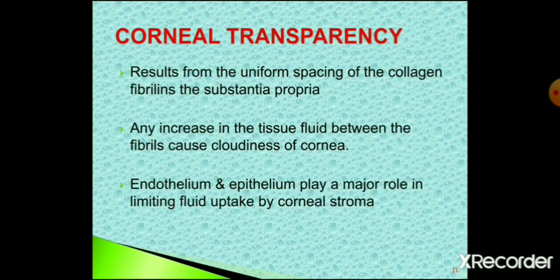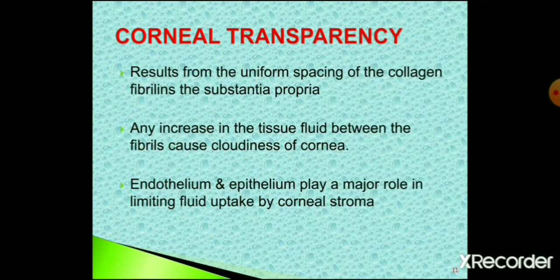Corneal transparency results from the uniform spacing of the collagen fibrils in the substantia propria. So the fibrillar arrangement of the corneal collagen fibrils is one of the most important things in corneal transparency. Any increase in the tissue fluid between the fibrils causes cloudiness of the cornea.